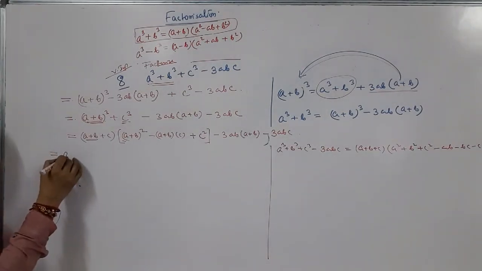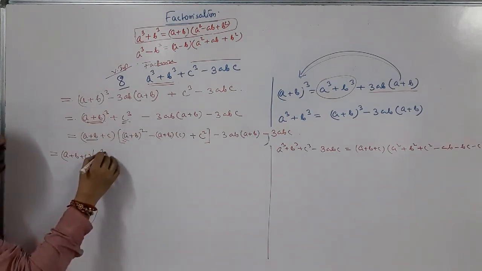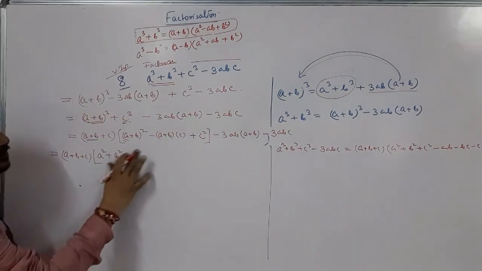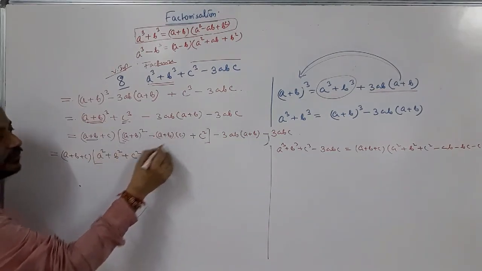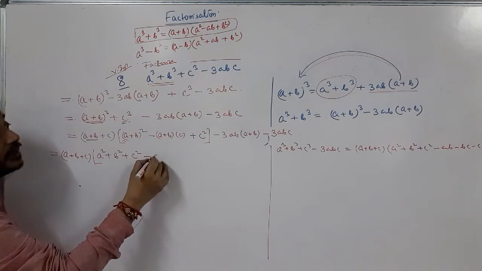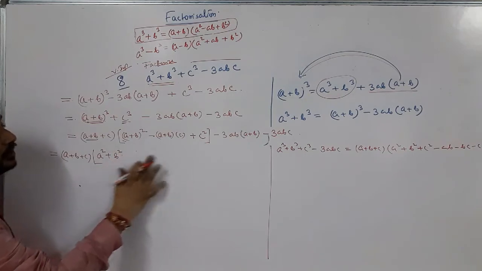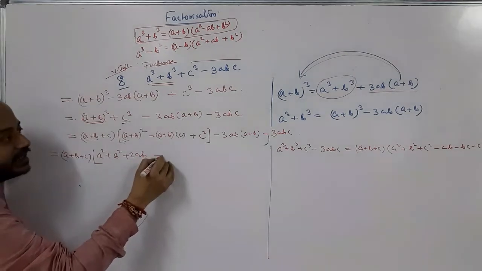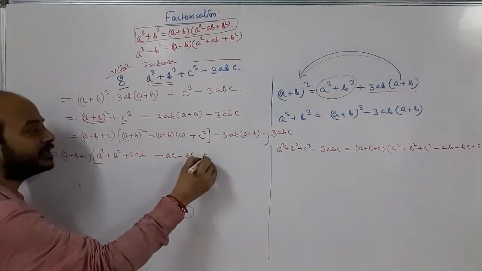So this is a plus b plus c. Now bring this one as a plus b whole square. I get a square plus b square plus 2ab, and then minus ac minus bc, plus c square. Clear?